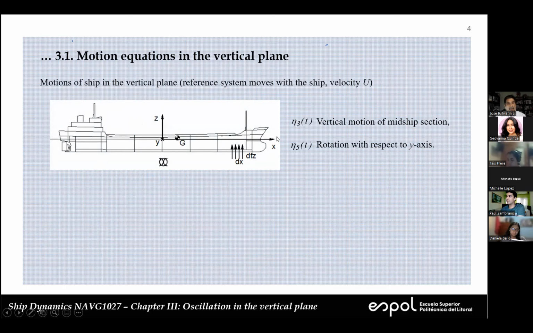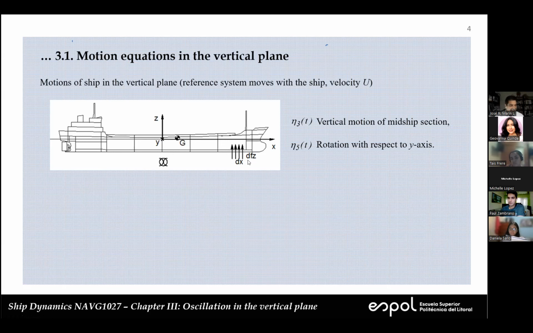X points forward, Z points upward, and Y points to the port side, okay? So rotation with respect to the Y-axis means that the forward end goes down.